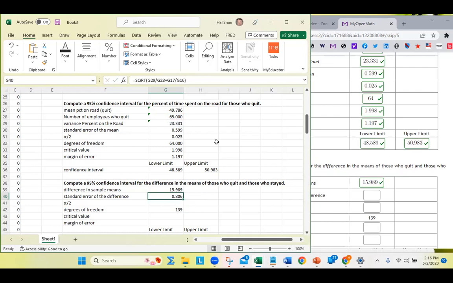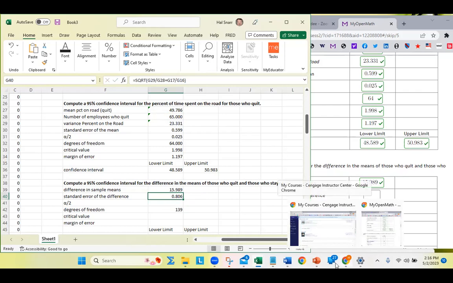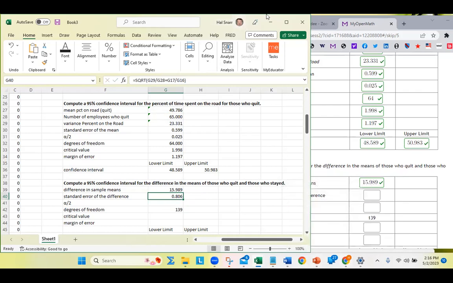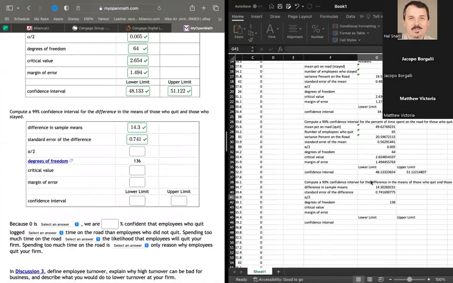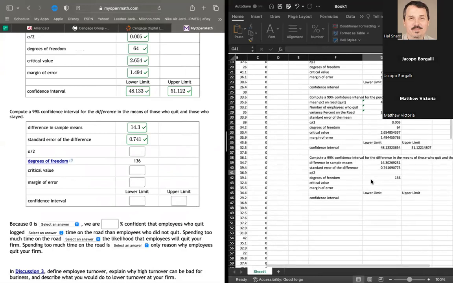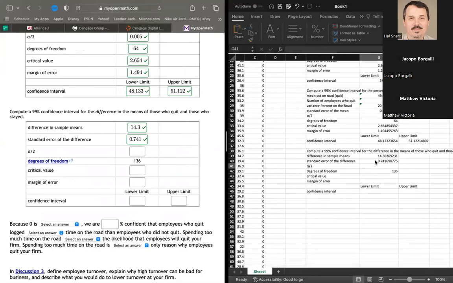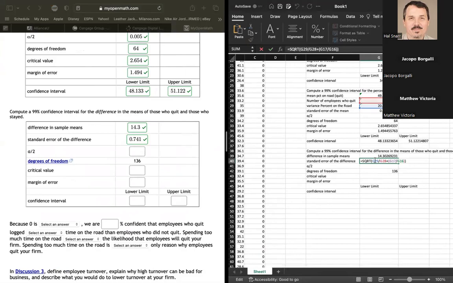0.741? Yeah. Okay, let me see what you got. I'm going to make sure you did it right. Let me stop share. I got a check mark. Oh, you did? Go ahead and share, maybe you got different numbers. Okay, double click on your standard error thing right there, and scroll up a little bit.